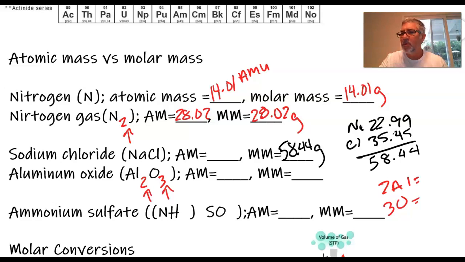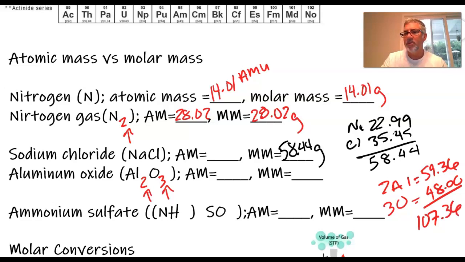So 2 times aluminum. Each aluminum is 26.98, so you have 53.96 of aluminum. Each oxygen is 16. So if I have 3 oxygens, I have 48. And then I get 101.96. So that's simply what molar mass is.